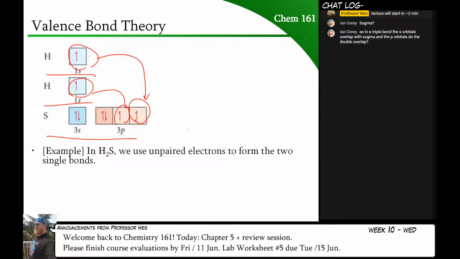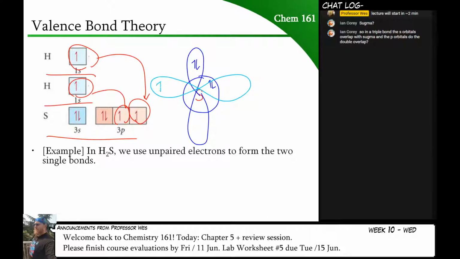And so what I would do is I would say, okay, well, if this is my sulfur atom, I've got my 3s orbital with its non-bonding electrons. And then I've got a p orbital in the x direction, which also has non-bonding electrons. A p orbital in the y direction, which has a single electron.